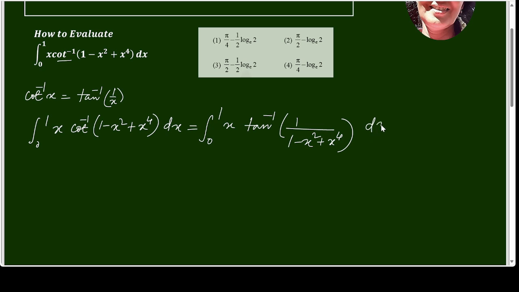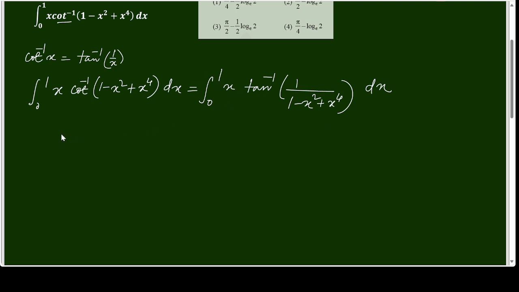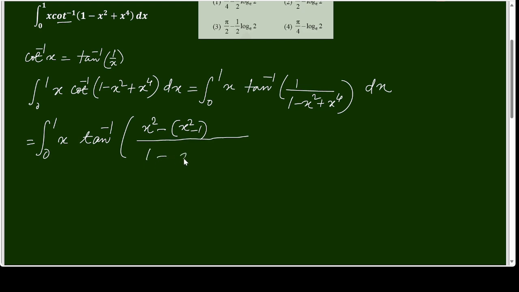In the next step, I'll split this into two terms. So this equals integral 0 to 1 of x into tan inverse. The numerator 1 I'll convert into x square minus (x square minus 1), and the denominator I'll arrange as 1 plus x square into (x square minus 1).